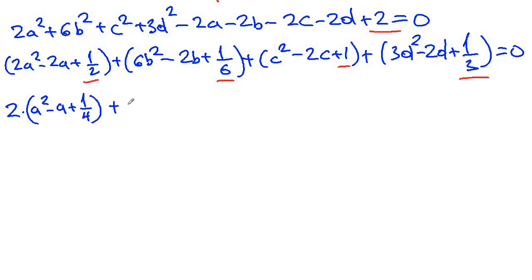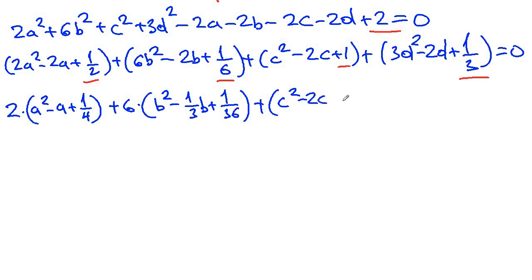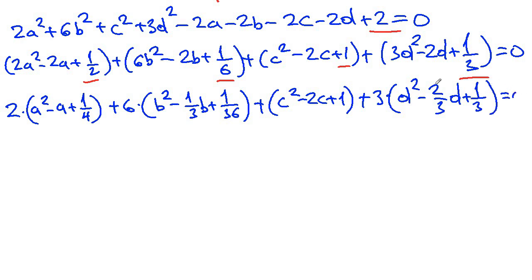In the second bracket let me factor out 6, then inside the bracket b squared minus 1 over 3 b plus 1 over 36. Let me write the third bracket as it is, c squared minus 2c plus 1, and from the last bracket let me factor out 3 to get d squared minus 2 over 3 d plus 1 over 3, and this one is equal to 0.